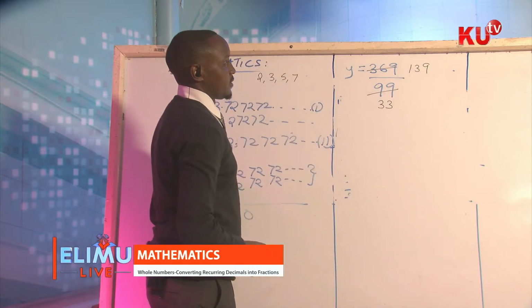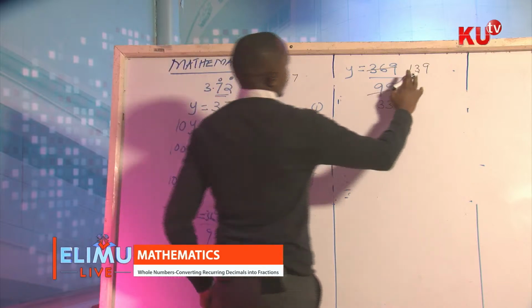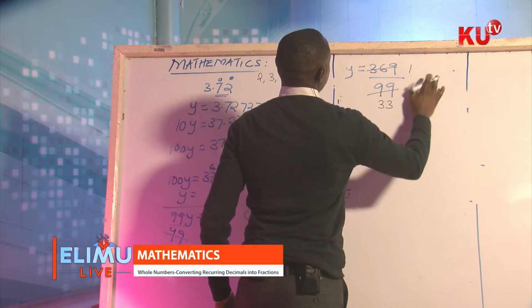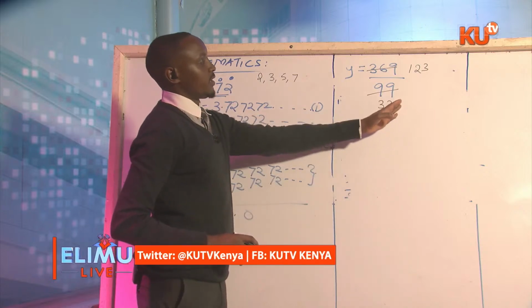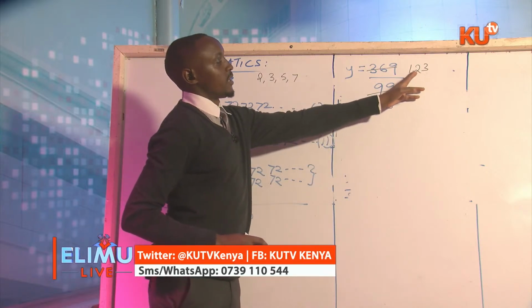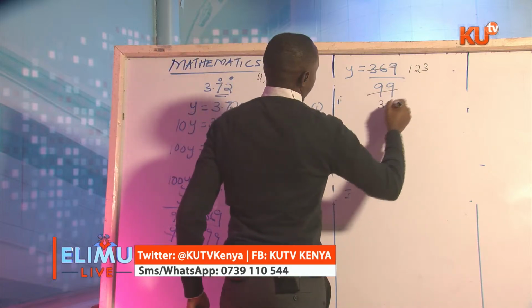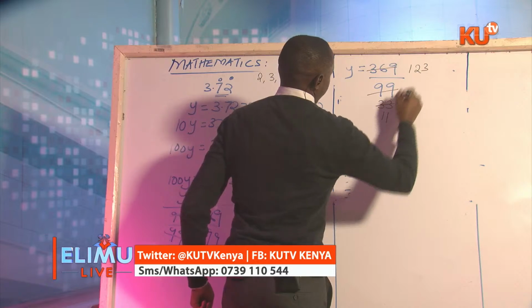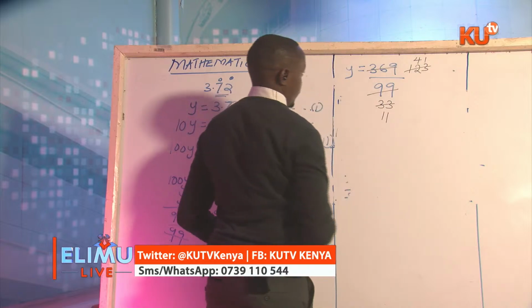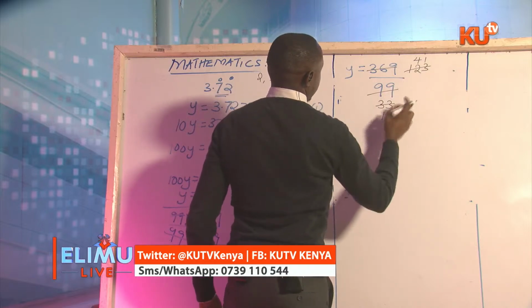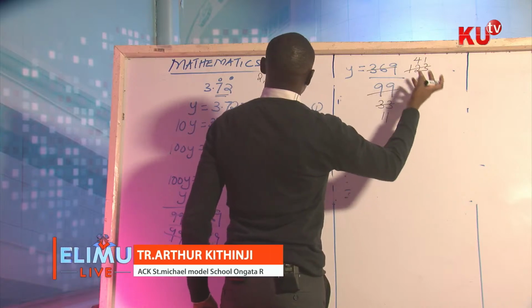Again check if this is divisible by 3. 1 plus 2 is 3. 3 plus 3 is 6. Again, both of them are divisible by 3. Divide this by 3, you get 11. Divide this by 3, you get 41. So these are not divisible by 3, by 5, or by 7.